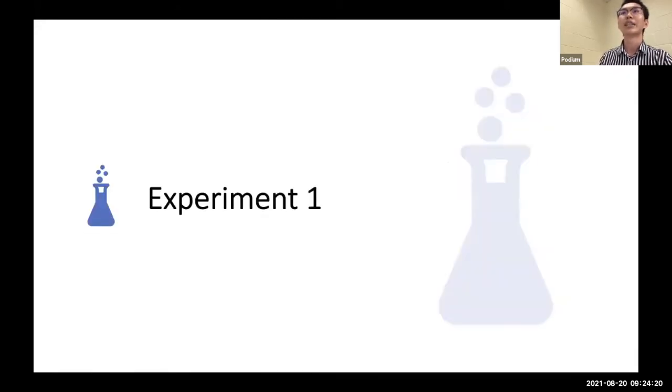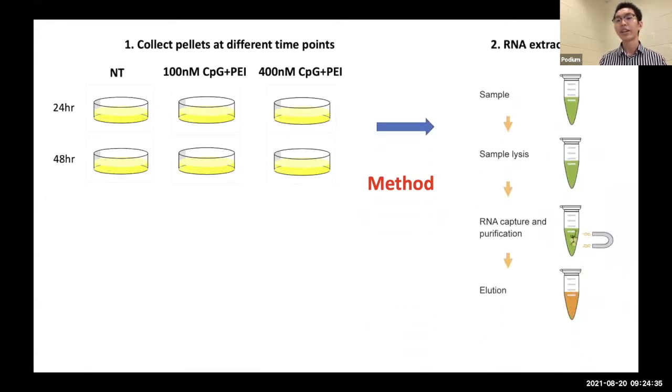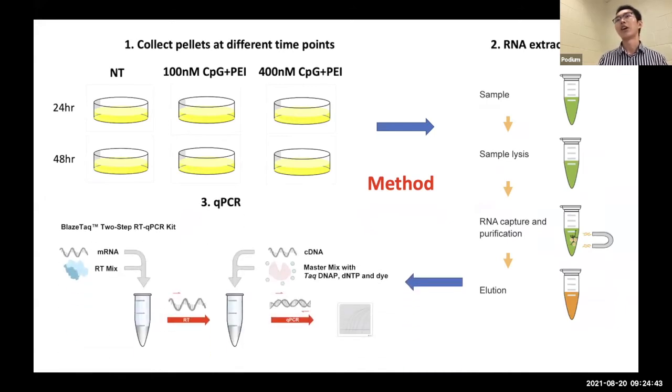We designed experiment 1 to test whether or not our hypothesis is correct. We treated HESC cells with 100 nanomolar and 400 nanomolar of CpG-PEI. Then we did RNA extraction to obtain the RNA of the cells, and then we did qPCR to measure the RNA expression of the genes that we want to test.